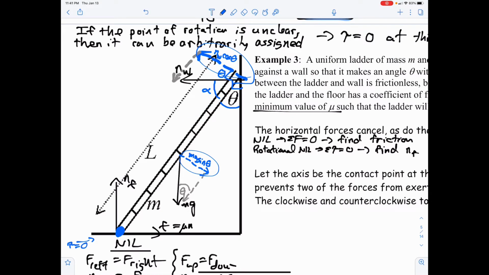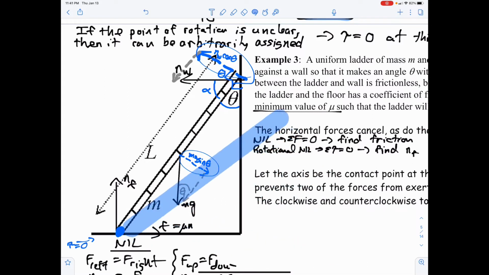Now, I'm going to go back to the lever. Here's our lever. mg sine theta is pulling down on the ladder, while NW cosine theta is pushing up on the ladder. If the pivot point is at the bottom, mg sine, if the wall weren't there, would be causing clockwise rotation.